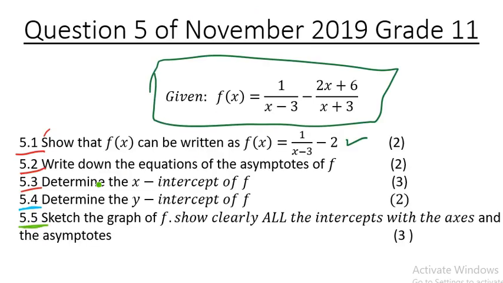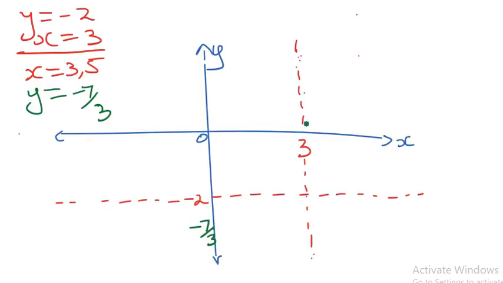Next question, 5.5, we need to sketch the graph of f. We need to clearly show all the intercepts, the axes and the asymptotes. All right, let's go and do that.